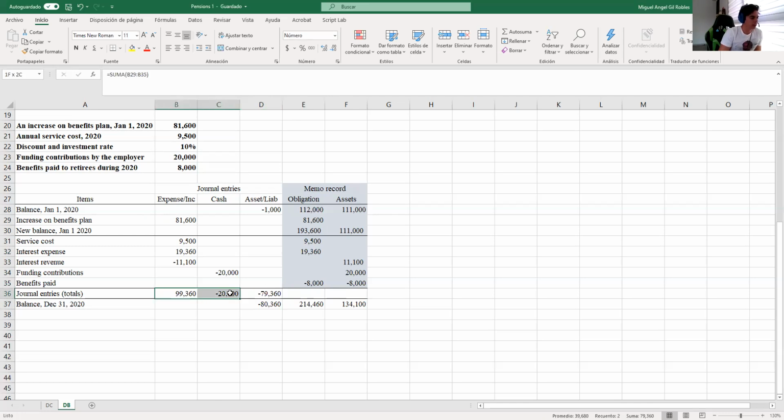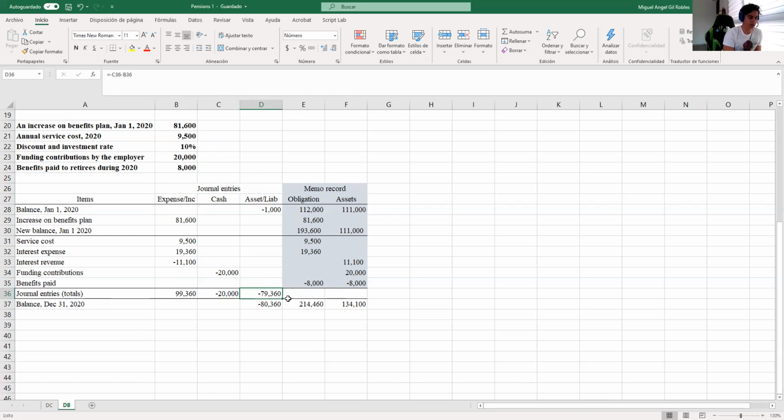If I add up the 3 numbers, I have a 0, right? So it means that in my journal entry, I will have to credit expenses for 99,360 and debit on cash and debit on pension, asset and liability pension. That is one way to do it.